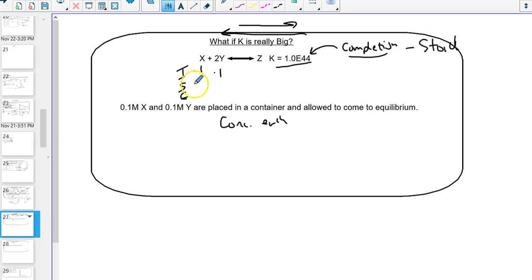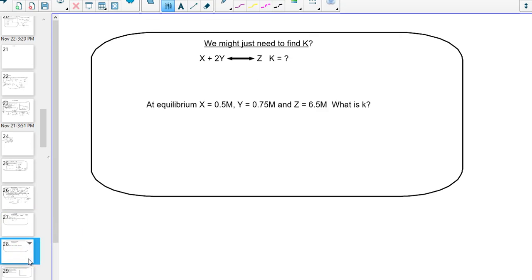So you go 0.1 minus 0.1 to 0, minus 0.05 to 0.05, and then plus 0.05 and this 0.05, and there we go. So all of these things are just different things you're going to see. Once you run through them once or twice, try them out, you become a pretty good expert.